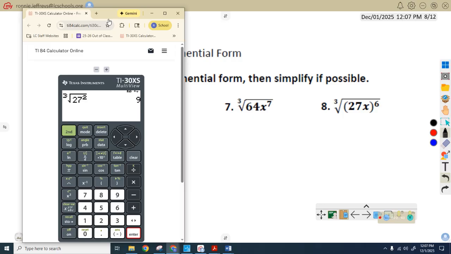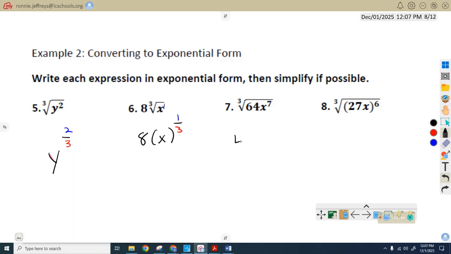So let's see if we can take the cube root of 64. So 3, second, raise the roof, 6, 4. Now, this would be 4.